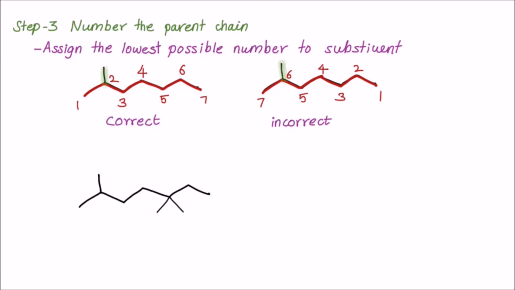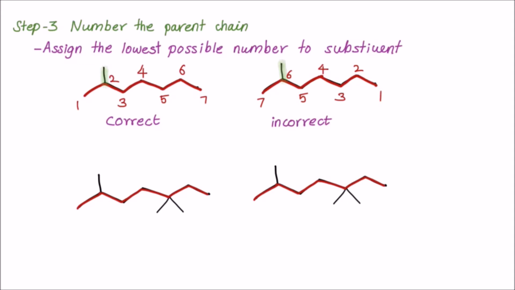Now let's try a little more complex structure here. We have a structure with a parent chain. Okay, let me draw that twice. We have a parent chain that is highlighted red, and it has 7 carbon atoms, and we have a few substituents.